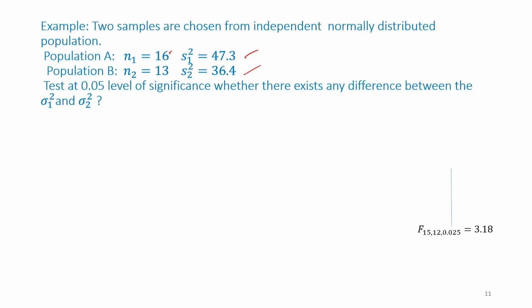So the variances are 47.3 and 36.4. Now the question that is raised: test at 0.05 level of significance whether there exists any difference between the population variances. These are the sample data.